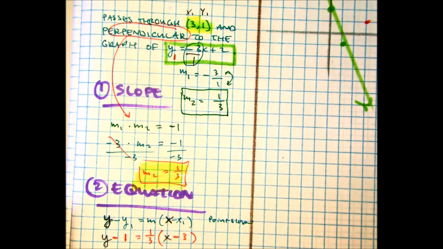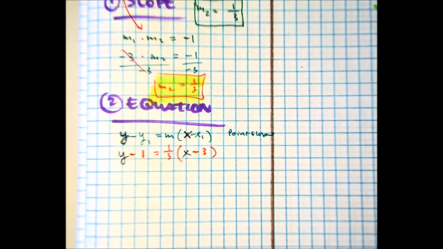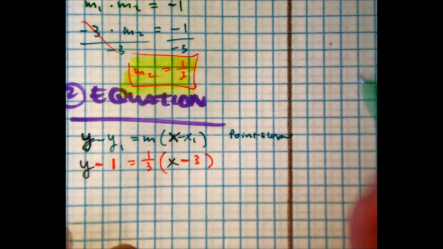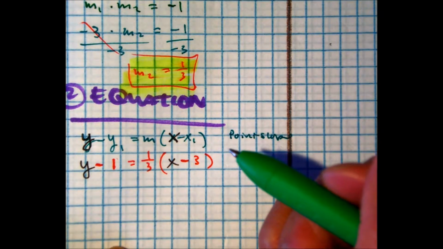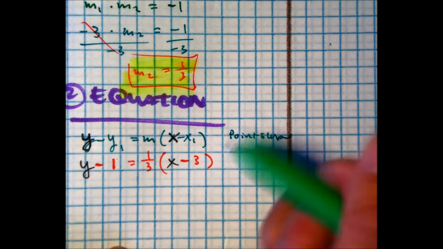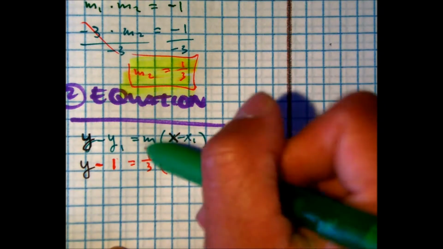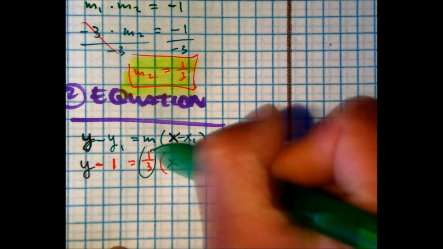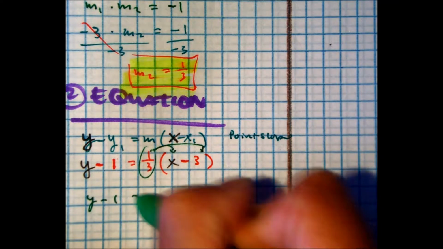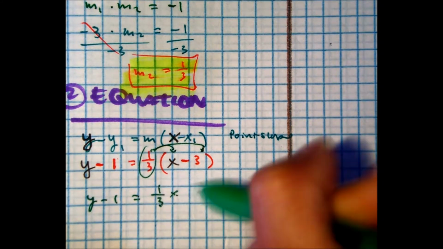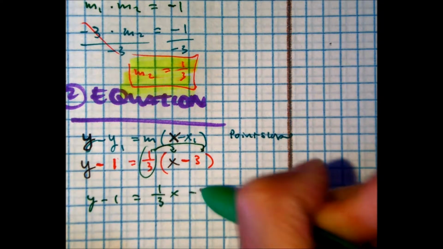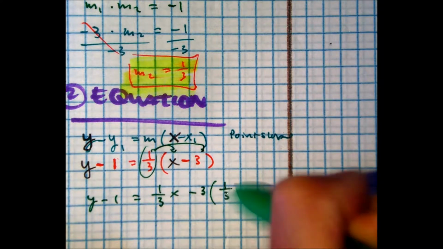And to get that into slope-intercept form, all I have to do is distribute. Let's distribute. y minus 1 equals 1/3 x and a negative 3 times 1/3.